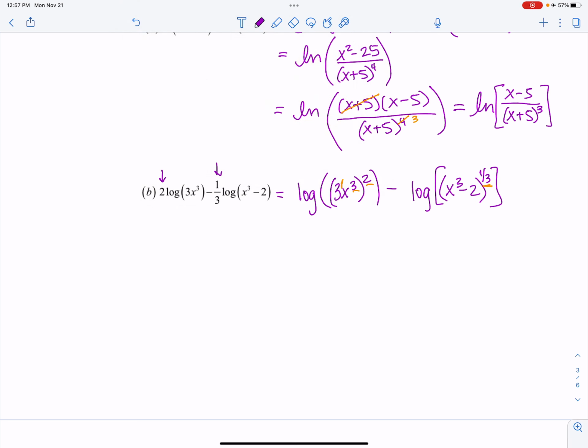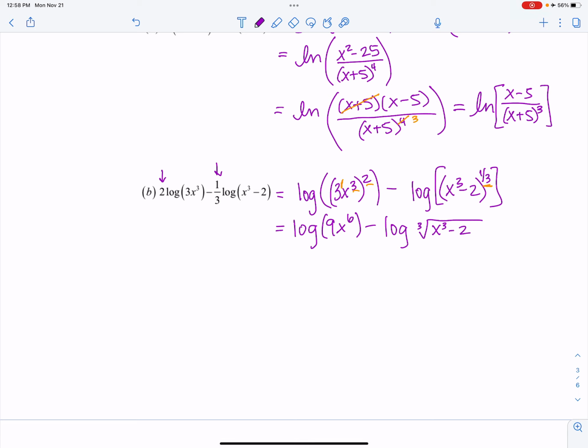So let me rewrite these before we do our quotient rule. Log 3 squared is 9, and x cubed squared is x to the 6th, minus log of, and we're taking the cube root of x cubed minus 2.